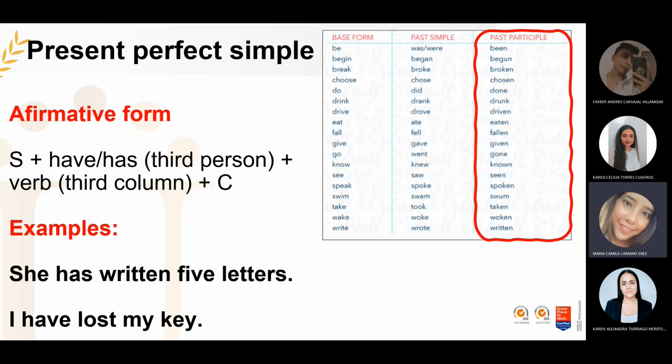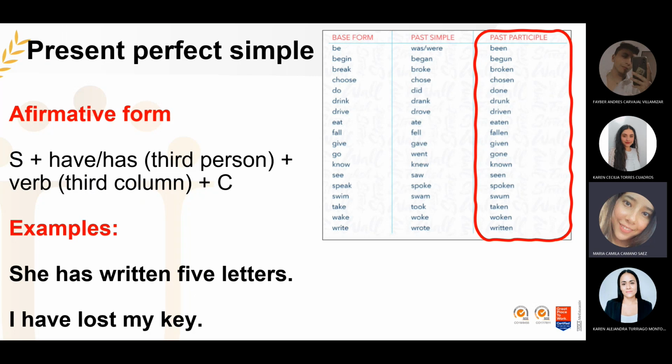I have to remind you, sorry, that we have exceptions, because we have verbs that don't change their form. For example, the verb cut, C-U-T. It is the same word for the base form, past simple, and past participle form.